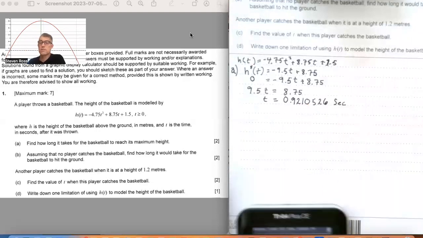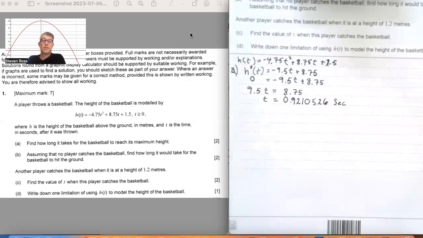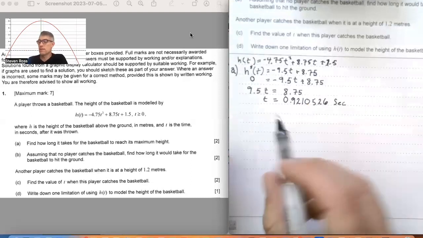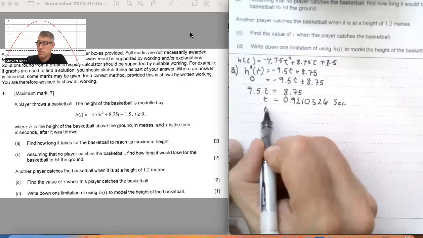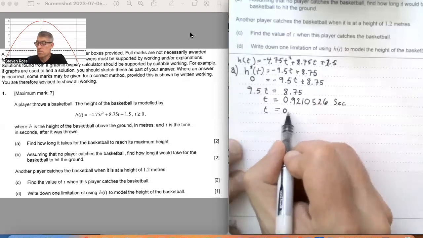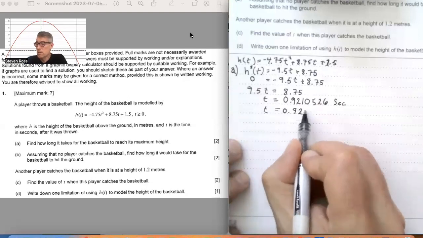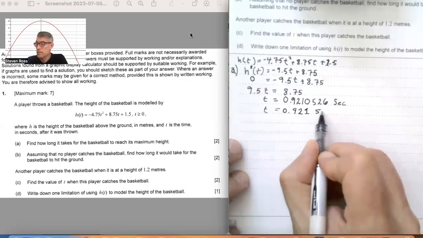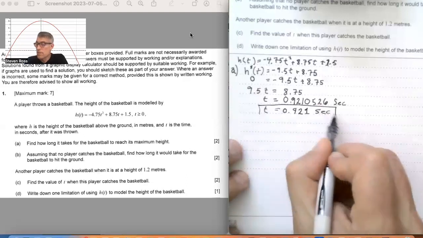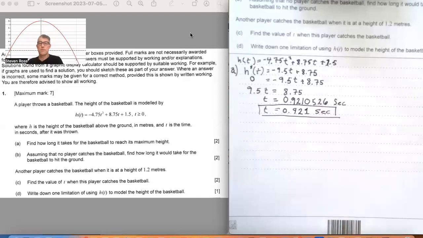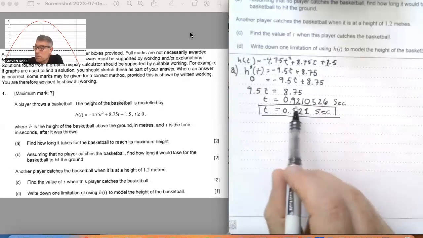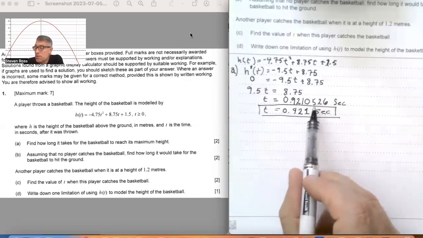And hold on, let's also write this with the basic 3 significant figures. So t is equal to 0.921 seconds. And I think that's a pretty good answer. And if in the future I'm asked to use t again, I can use the t with the many digits. Probably 6 is enough, but I think I have a little bit more than 6 digits: 1, 2, 3, 4, 5, 6, 7. Yep.